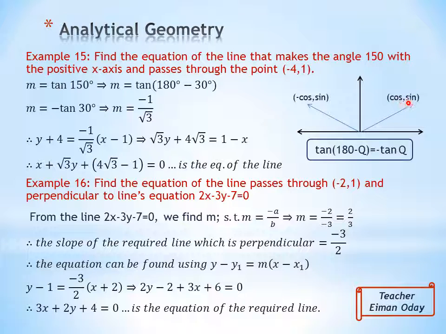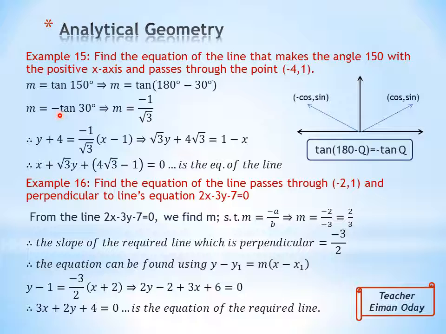The cosine and sine for 30 is the same as cosine and sine for 150, except the signs. Here the cosine is negative and the sine is positive, while in the first quadrant all of them are positive. Now, I can directly say tan is sine over cosine.